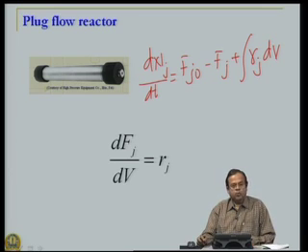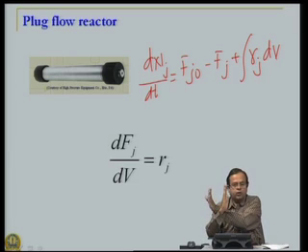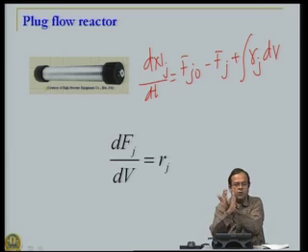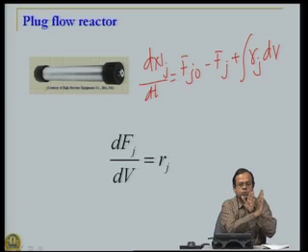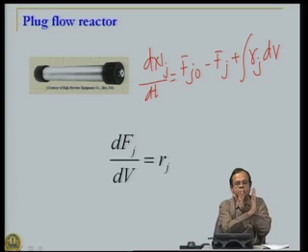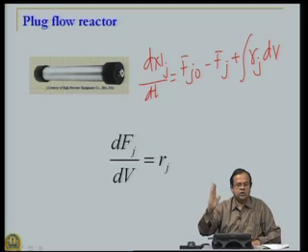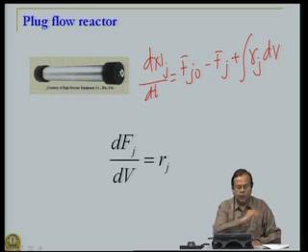Recall, for a plug flow reactor, the fluid moves into the reactor like a plug. So, one part comes in, then we have entry of the next part, it pushes the part further, and there is a continuous movement. There is no mixing or communication between the fluid elements which are in the reactor. So, it is just like a plug.